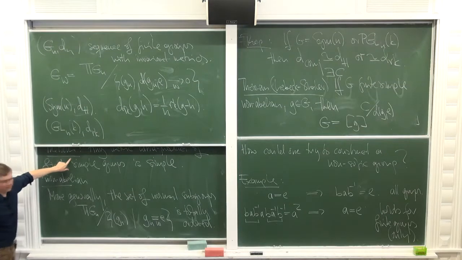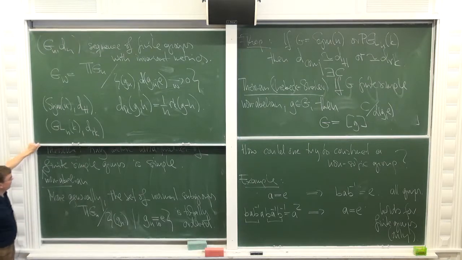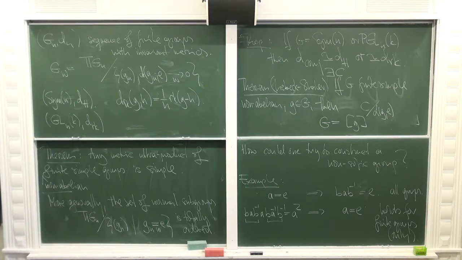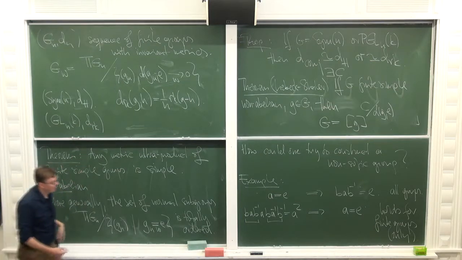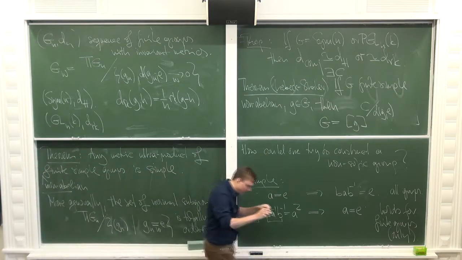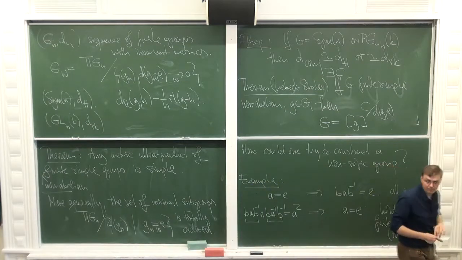Do you want me to prove this lemma as a consequence of this result of Liebeck and Shalev? It's not very complicated. First of all, what do you have to do? You have to show it's a simple group: that every element generates the whole group as a normal subgroup. If it's a non-trivial element in the metric ultraproduct, then its distance to the identity must be bigger than 0.